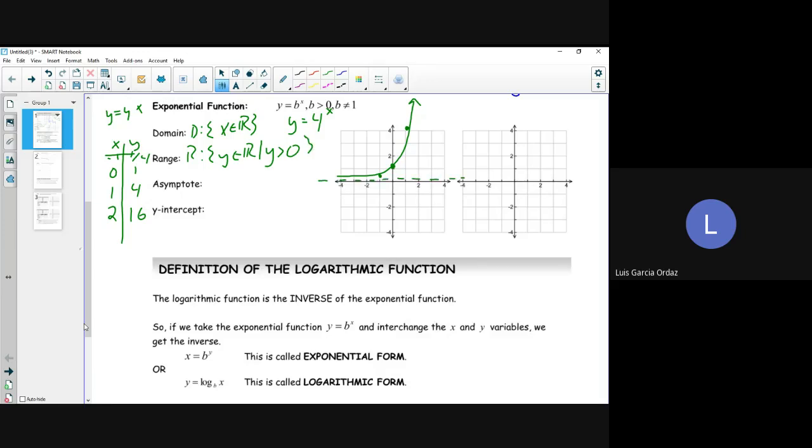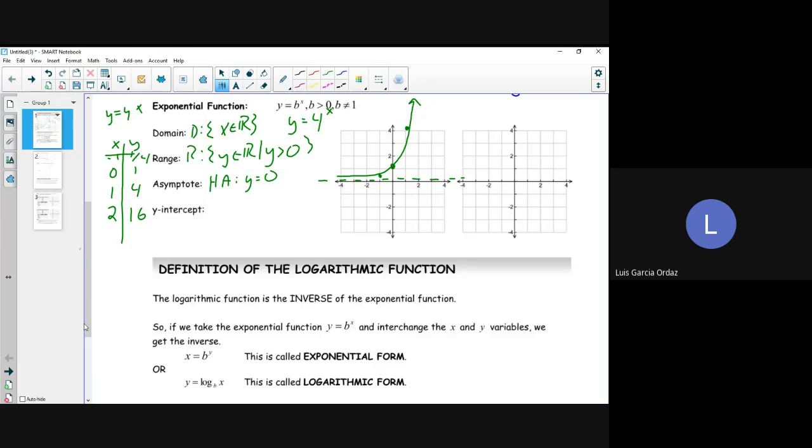What kind of asymptote do we have? Do we have a horizontal or a vertical asymptote? So we have a horizontal asymptote at y is equal to 0. So for our range, our y value can be 1.